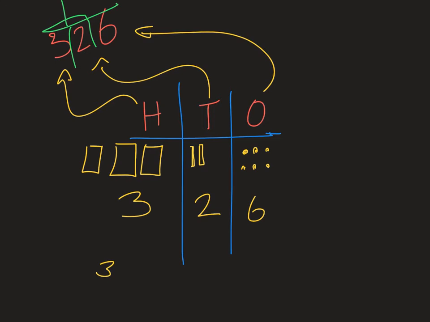So we have 3 hundreds, which equals 300, 2 tens, which equals 20, and 6 ones, which equals 6. Make sense? All it's saying is that we have 326, and we're representing that in its pieces. We have 6 ones, 2 tens, and 3 hundreds. 326.